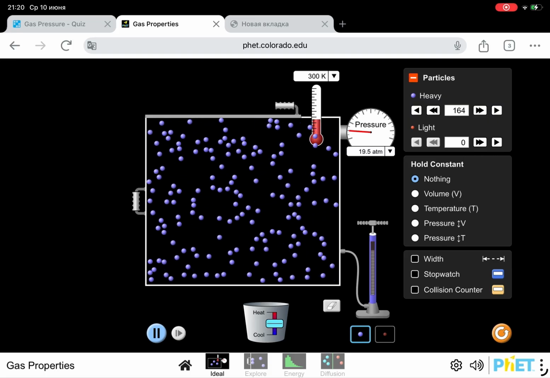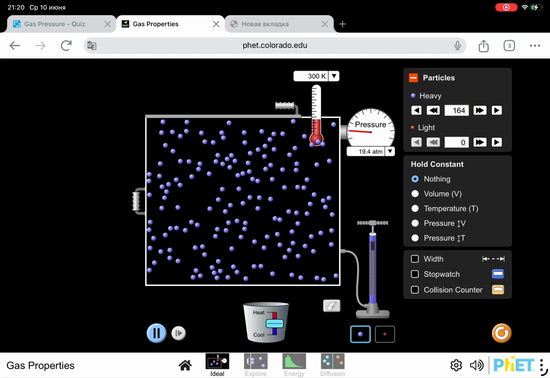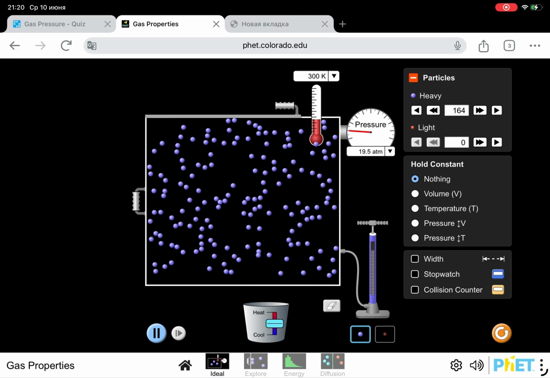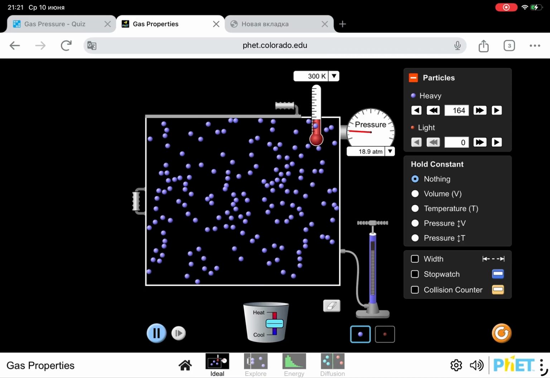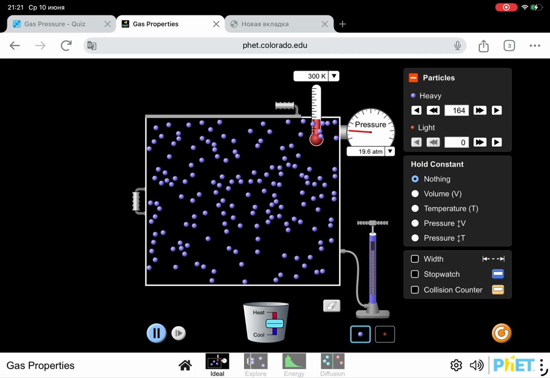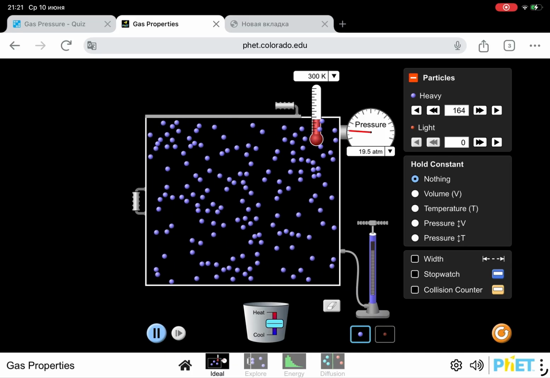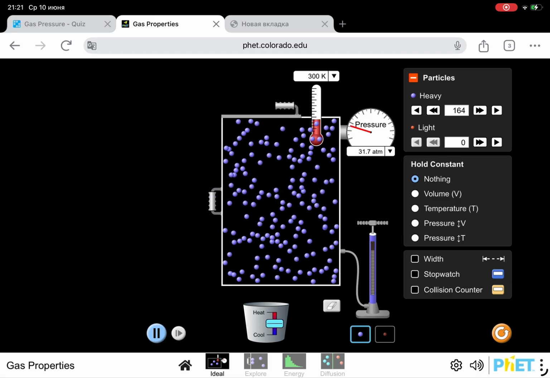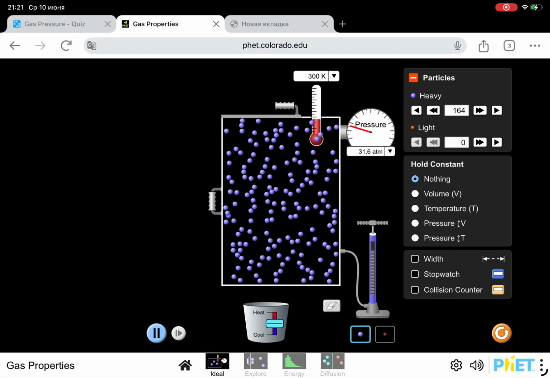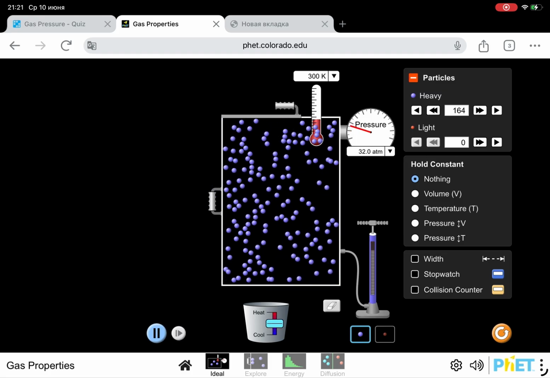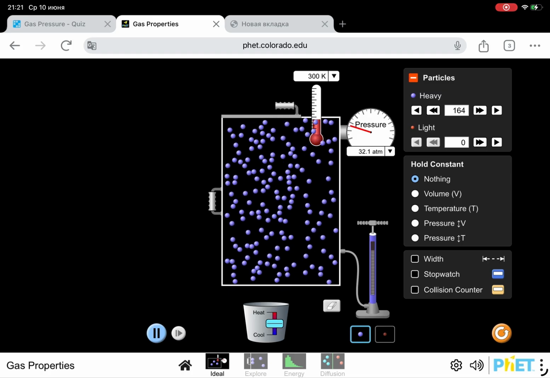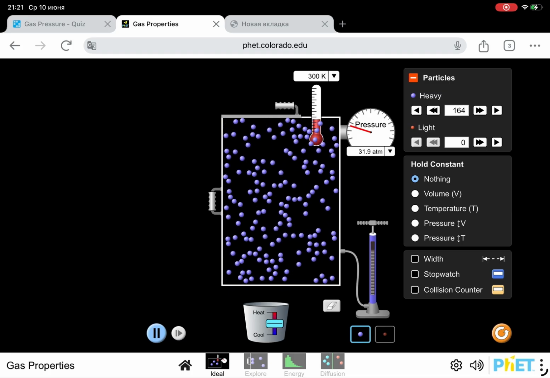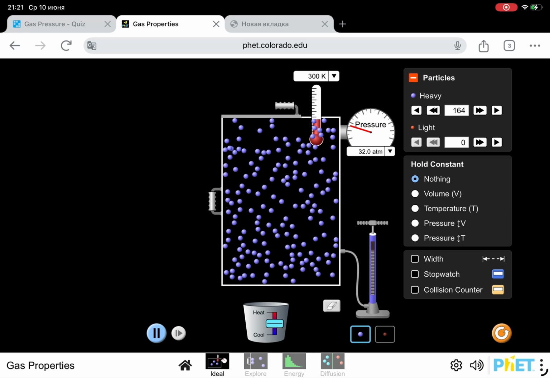But could we change pressure without adding air? Yes. How should we do that? We have to change the volume of the container. If we decrease the volume, we easily increase the number of collisions, which increases the pressure.